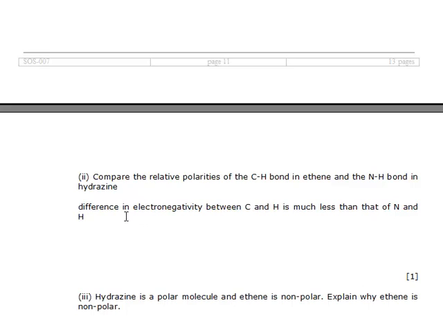So in other words, therefore, the NH bond is much more polar.